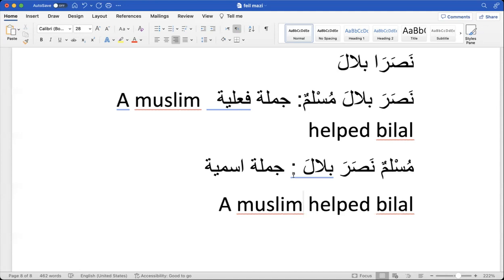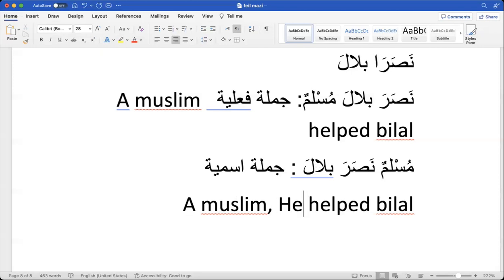The difference here is this, we know Jumla Ismiya is very strong. If I say Muslimun Nasara Bilala, it's very, very strong. So it becomes more emphatic. Number one. Number two, if you translate it literally, you will say a Muslim, comma, he helped Bilal, because Nasara means he helped, right?